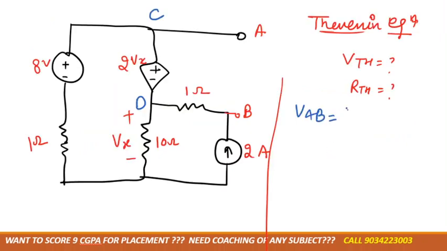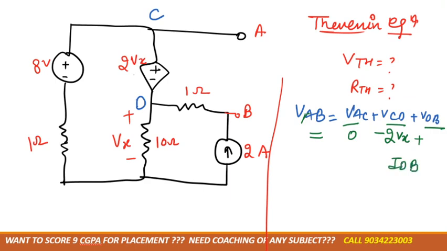What is VAB? VAC plus VCD plus VDB, right? VAC is 0. The second sign is minus, so we'll take minus for the voltage source. Now the third one we can write down as VDB is IDB into RDB, right? RDB is 1.